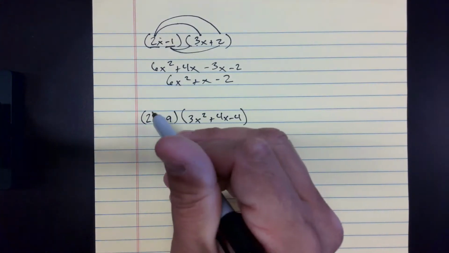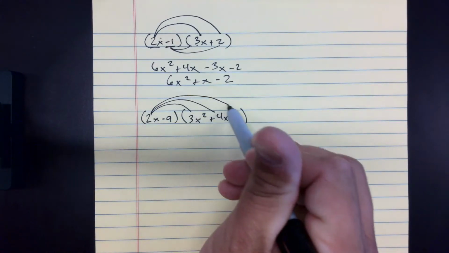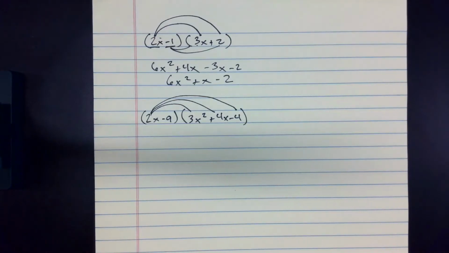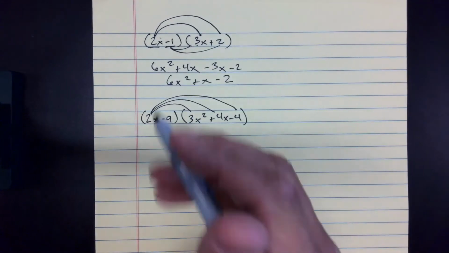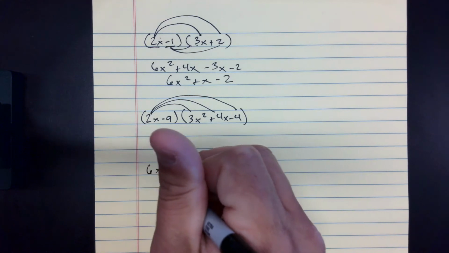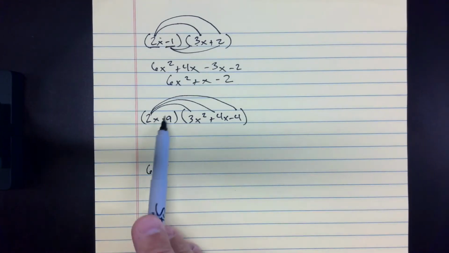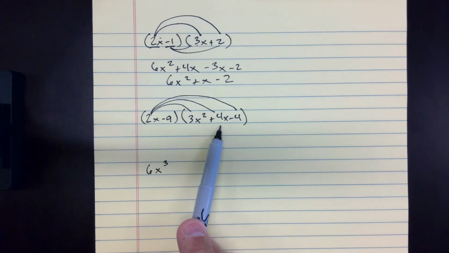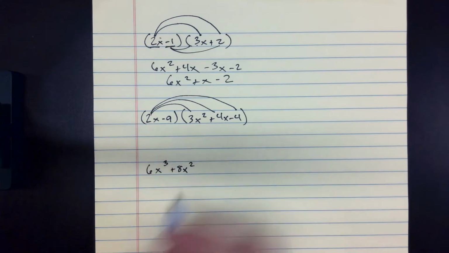So we're going to take this 2x and we're going to distribute it to the 3 terms inside of the trinomial. So 2x times 3x squared is 6x cubed. 2x times 4x is 8x squared. I need to write bigger, I'm sorry.